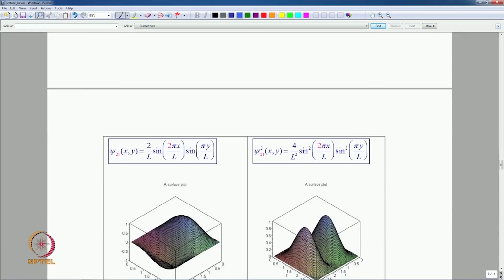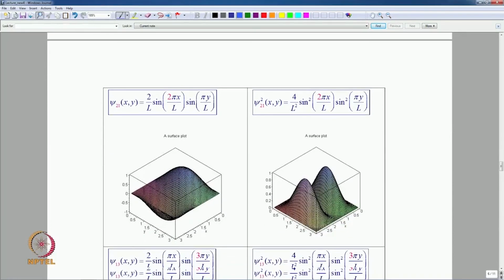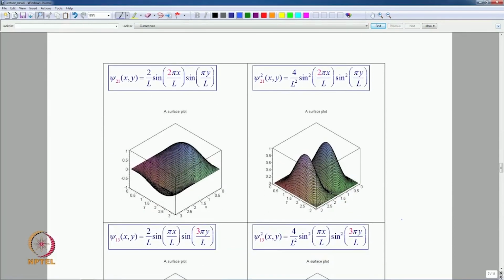So, here is a 2 1 as opposed to 1 2, and you see all that happens is that for a 2 1 the wave function along the x axis is like this, and the wave function along the y axis it is like that. Okay.